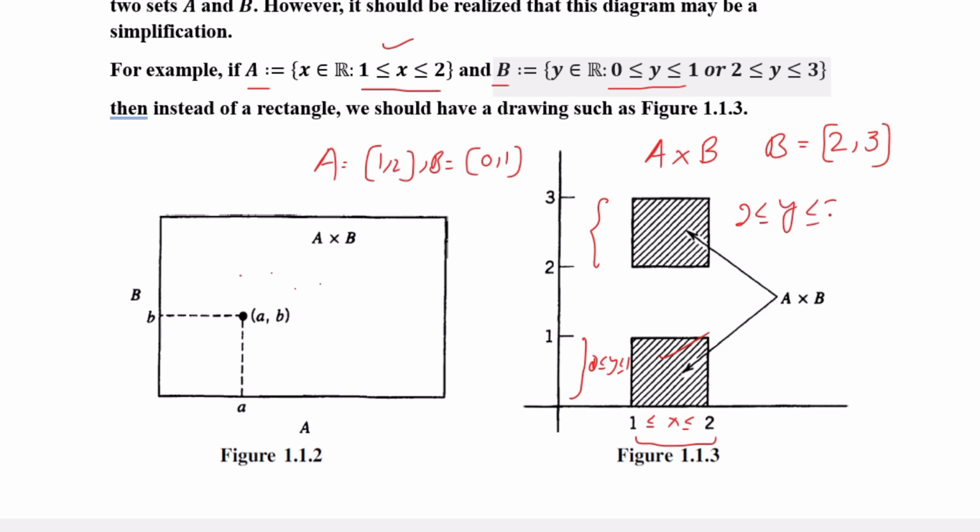So in short, when your sets A and B are both in the form of closed intervals, then their Cartesian product always represents a rectangle in the xy plane, while in the case of finite sets, that is, when your set consists of countable points, their Cartesian product is always in the form of points in the xy plane.